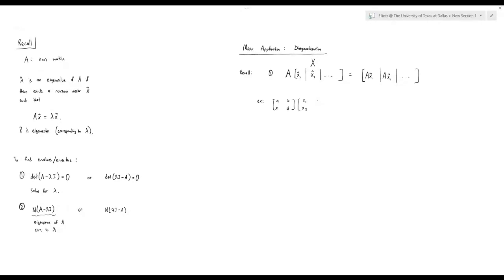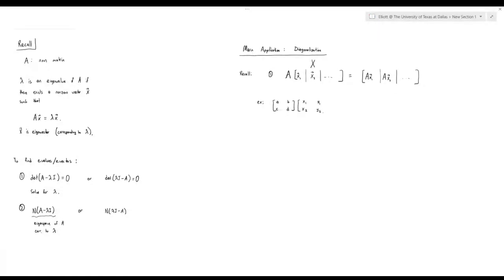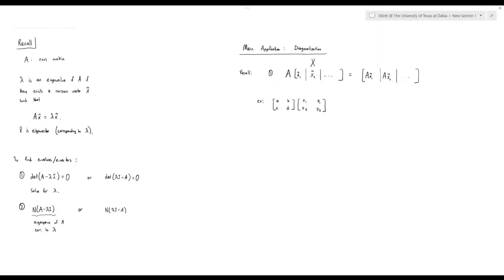Maybe I'll set up the example like this. When you multiply these two matrices together, let me compute the first column of the product first.